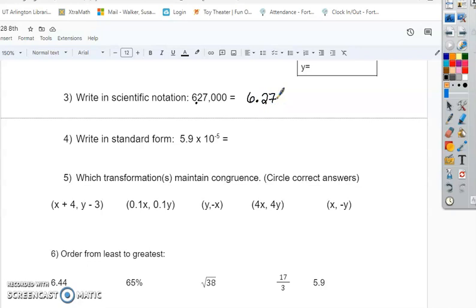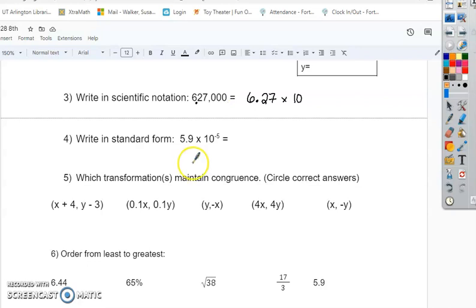And we always do times 10, right? So your job is to count to the end so you can figure out what the exponent is. Notice this does not start with 0, okay? So it's a big number, the exponent will be positive.